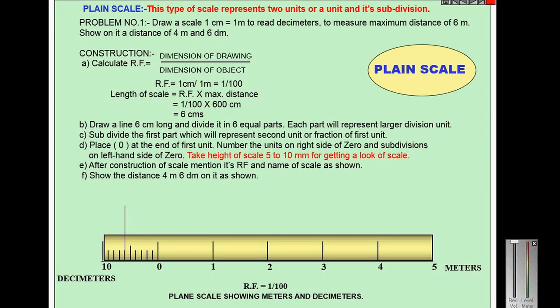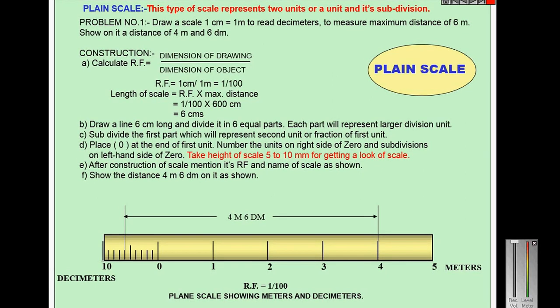So our aim is to mark a distance of 4.6 meter, which means 4 meter and 6 decimeter. So we can mark 6 decimeter on the subdivision and 4 meter on the main division. So this represents 4 meter and 6 decimeter, which means 4.6 meter.